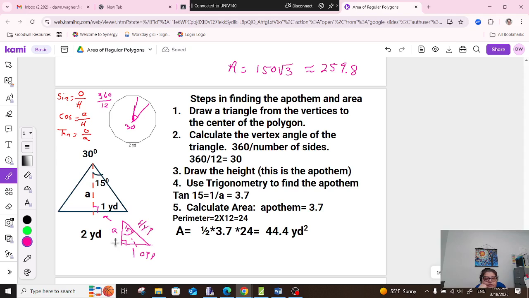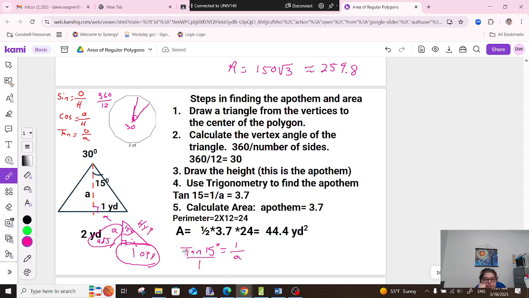And then the leftover one I call adjacent. So I have opposite, but I'm looking for adjacent because the adjacent side is the apothem, right? So tangent of 15 degrees has to equal 1 over my apothem, because that's what I'm looking for.